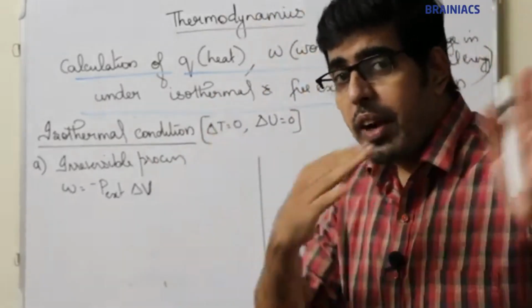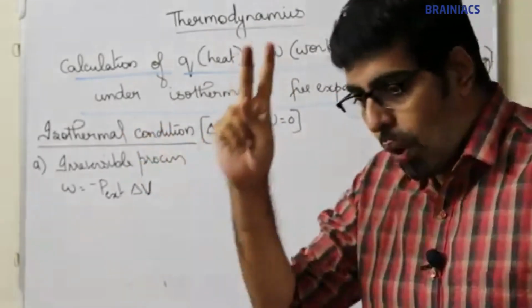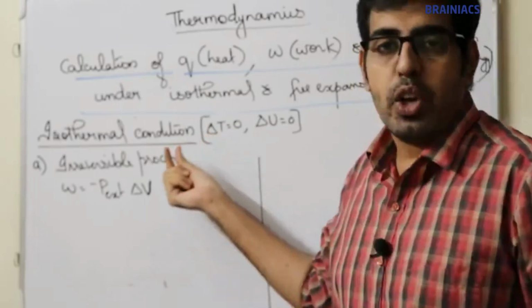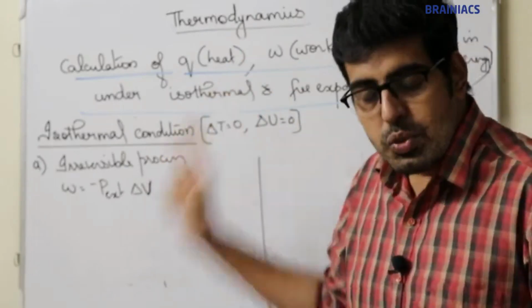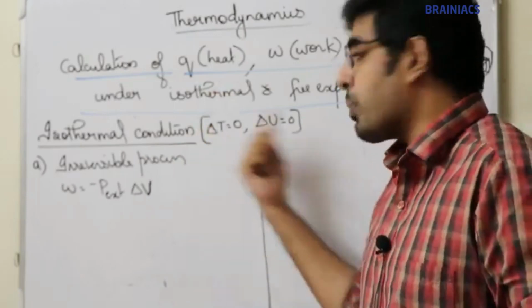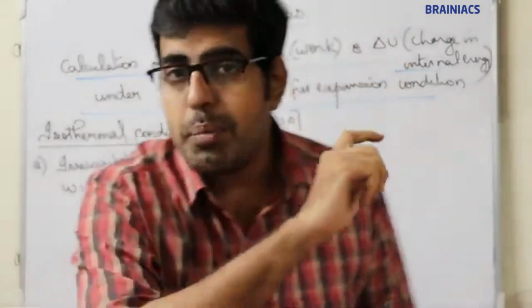Now adding one more thing: for an isothermal process, both delta T and delta U will be equal to 0.